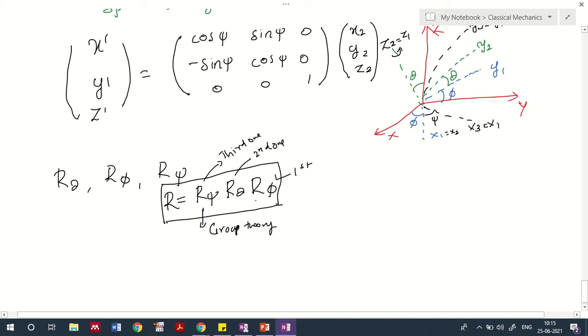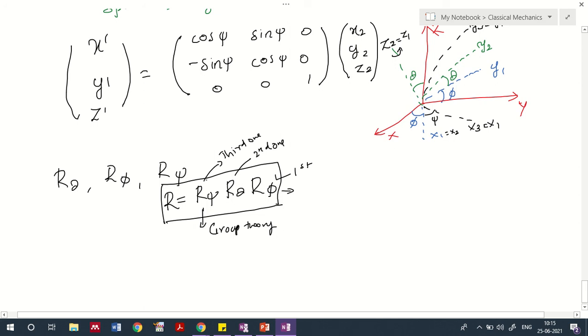The first rotation we represent at the last, and the second rotation on the second. What I mean is that when you represent an equation like this, this is the first executing part. The change in phi angle will be the first rotation, followed by a rotation by angle theta, then followed by psi. That's how we do successive rotations.